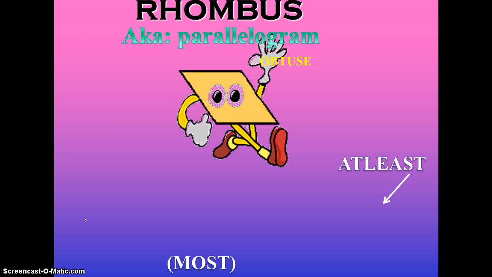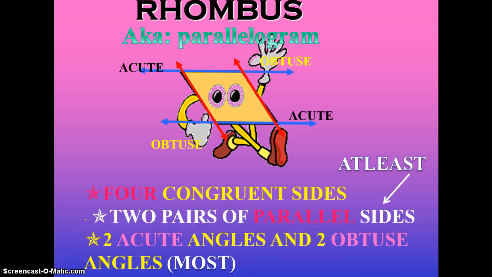Then we have our rhombus, and do you see how I have added AKA parallelogram? Remember in your last slide we said that all you really needed to be a parallelogram was opposite sides congruent, opposite sides parallel. Well, the rhombus has opposite sides congruent and opposite sides parallel.